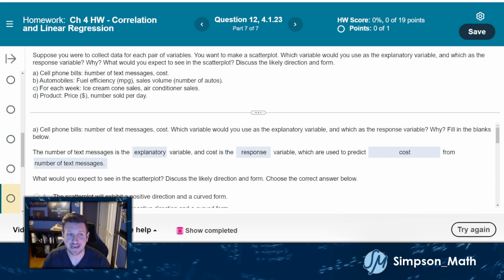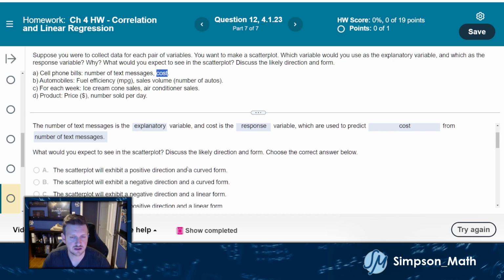So back in the day, if it was number of text messages and cost, that would be a pretty linear relationship. My number of text messages was the explanatory variable. Cost was my response because the number of text messages determined cost.